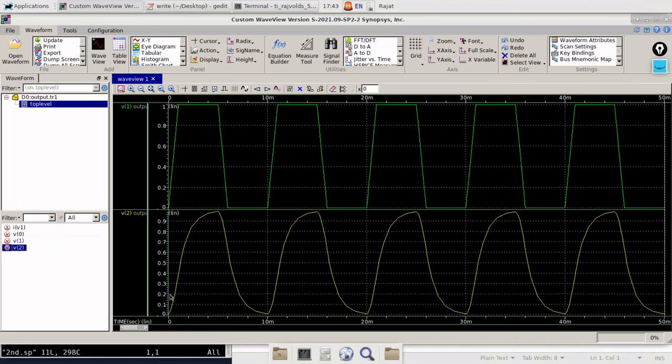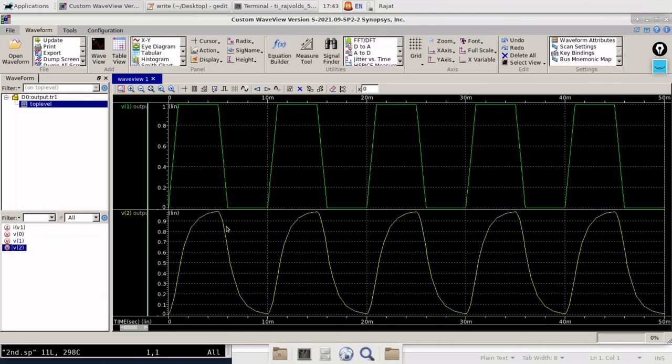As you can see, up to this time the capacitor is charging, and after that, when the pulse is going low, the capacitor is discharging, and it is repeating itself. So it is charging and discharging, and you can see that the simulation is running up to 50 milliseconds, and after that it is terminating.